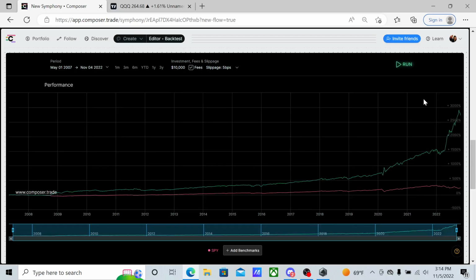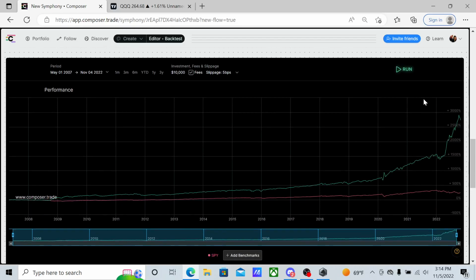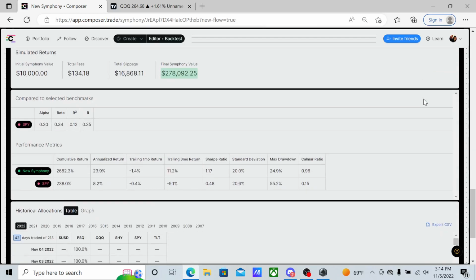So yeah, that's what that strategy would look like over a long period of time. When you compare it to buy and hold, it's going to vastly outperform. You're taking more risk, but at the end of the day, your drawdowns are still not as bad as buy and hold. So max drawdown 24.9%, annual return 24%.